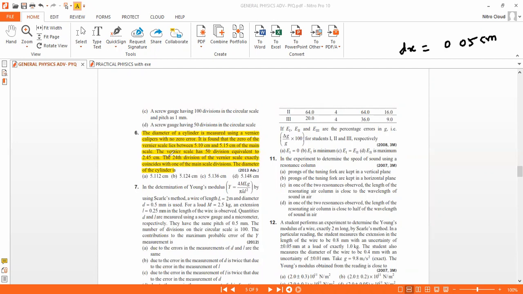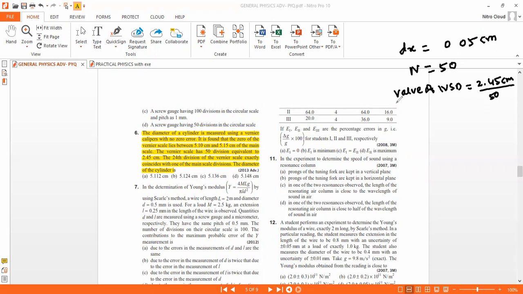The Vernier scale has 50 divisions equivalent to 2.45 centimeter. So value of one Vernier scale division is 2.45 centimeters by 50.